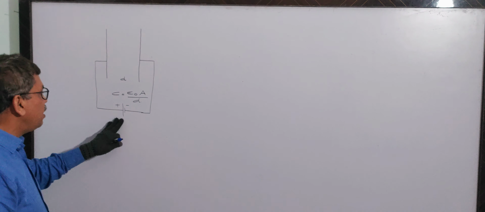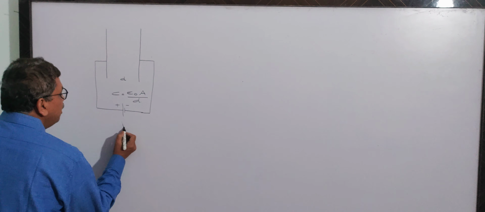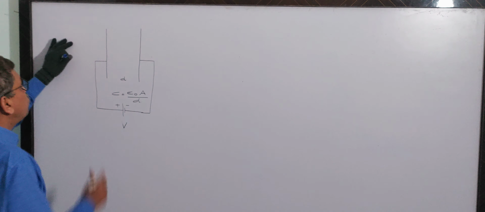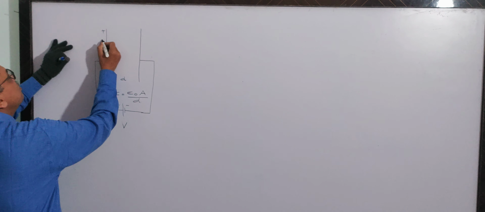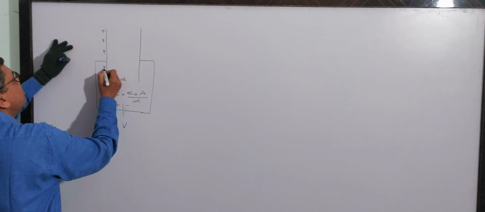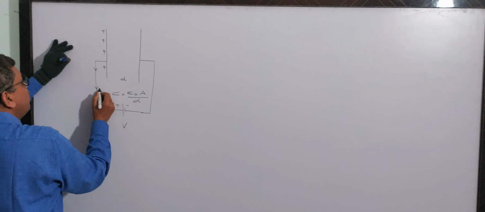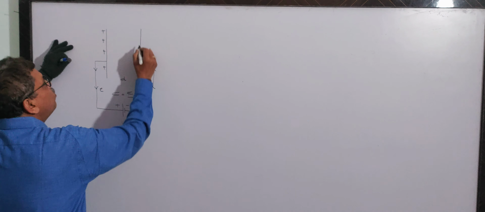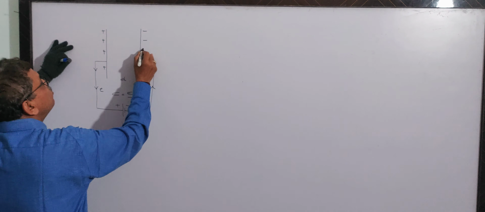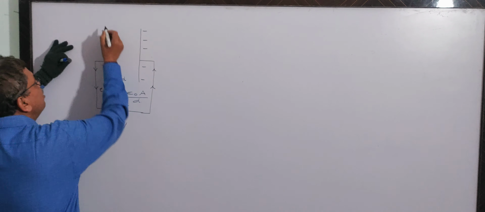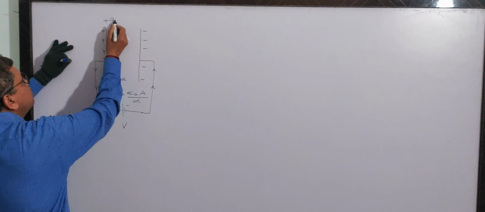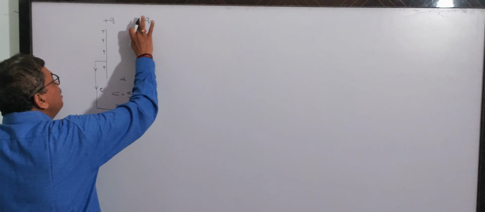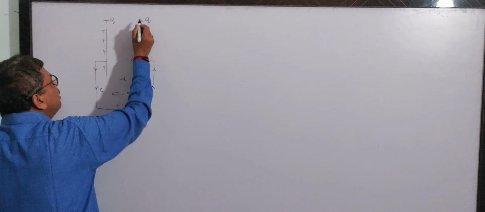The positive terminal of the battery attracts all the electrons of the left plate, so this plate develops positive charge, and since electrons flow through this wire, they go to the second plate. The battery supplies all these electrons to the second plate, so it develops a negative charge. So let us take plus Q as the positive charge and minus Q as the negative charge on the second plate.